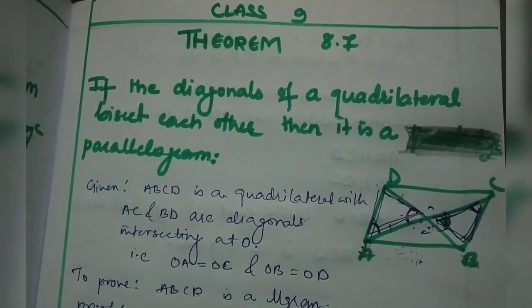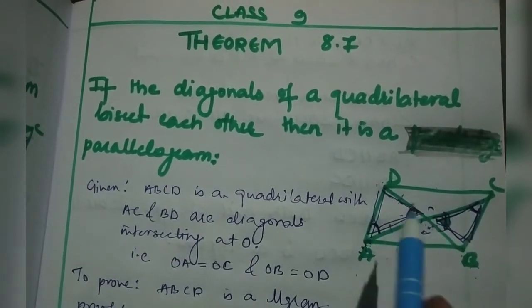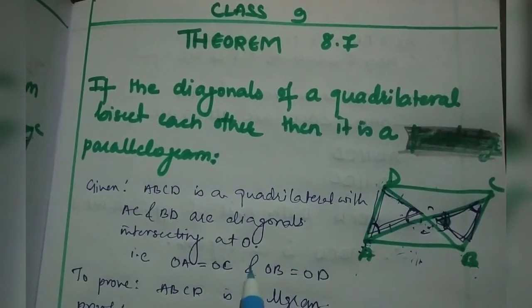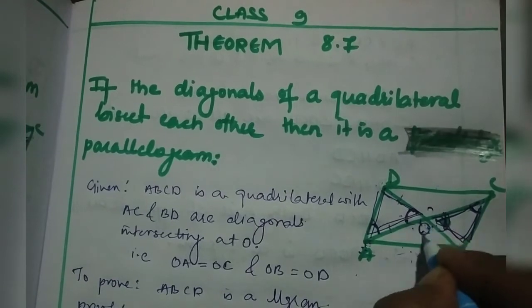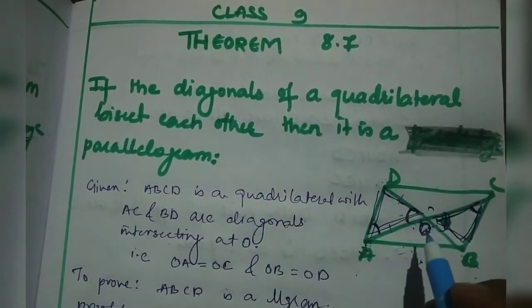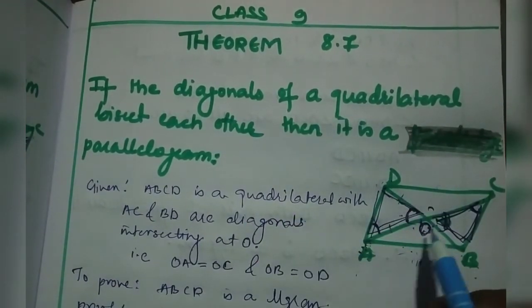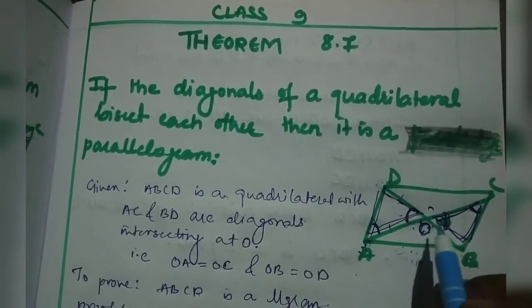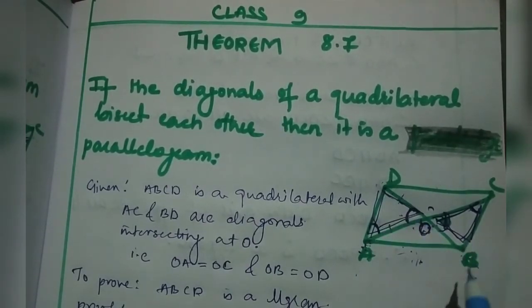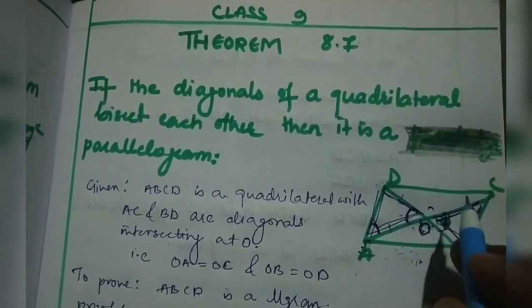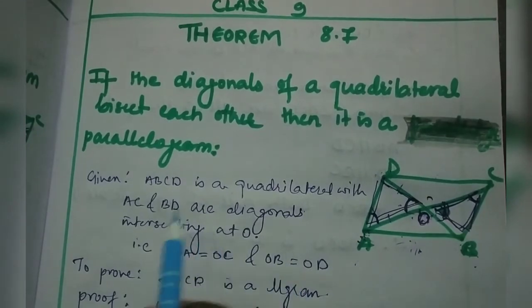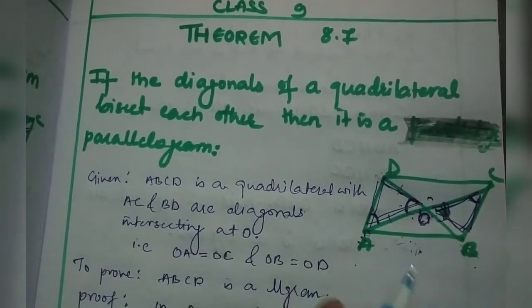Now let's recap. We are given the quadrilateral ABCD, and AC and BD are the diagonals with intersecting point O. We are also given OA equals OC and OB equals OD. We need to prove that it is a parallelogram.